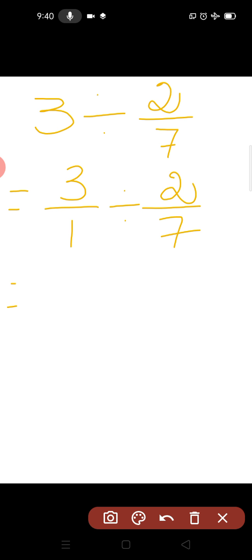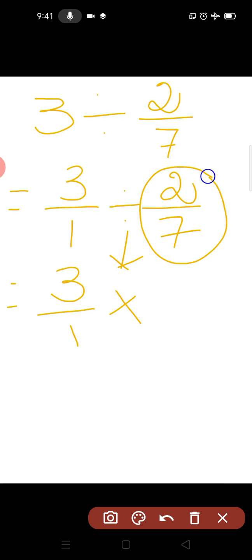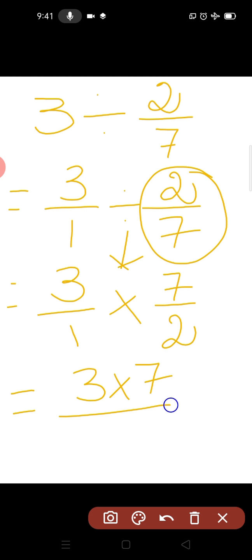Next, write the first fraction as it is. Here the division becomes multiplication and 2 by 7 we are going to write its reciprocal as 7 by 2. Now the product of numerators, like a product of two fractions, and the product of denominators.